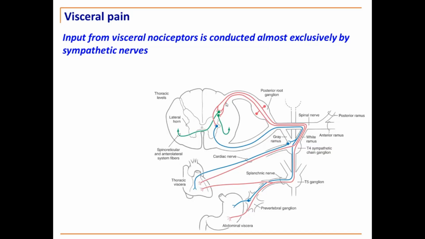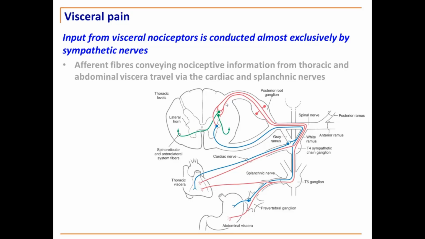So that's blue, not so important for what we're talking about. As you can see in this image, the afferent fibers conveying nociceptive information from the thoracic, which is here, and the abdominal viscera travel by the cardiac nerves and the splanchnic nerves.